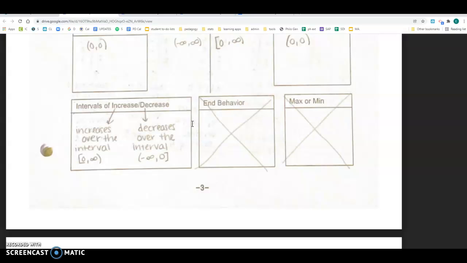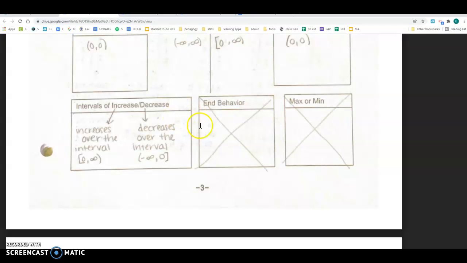So you'll notice that in the interval starting at 0 on the x, all the way to positive infinity, you have the right-hand side of the V going uphill, and then you have a decreasing situation happening from the negative part of the graph. You go all the way to negative infinity on the x, and this graph is going downhill until you get to 0, and it bounces to go back uphill again.